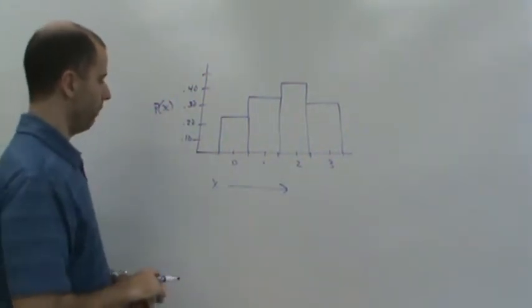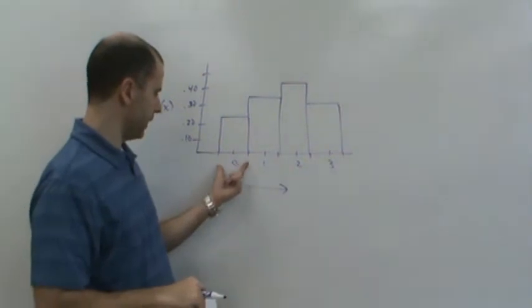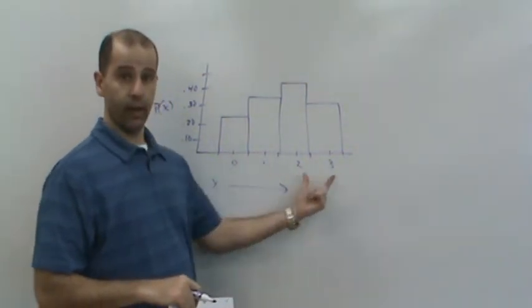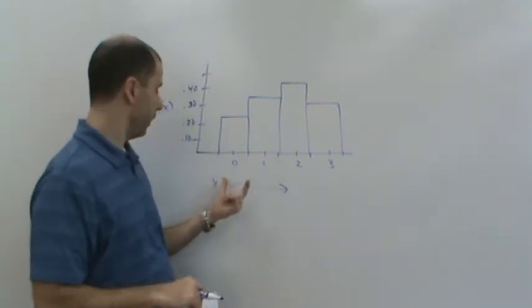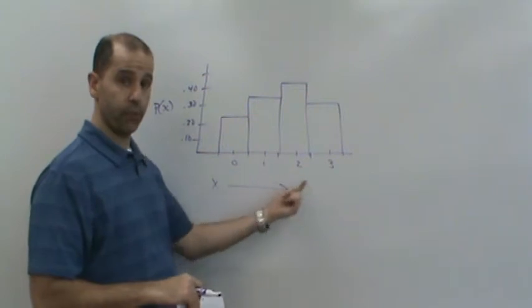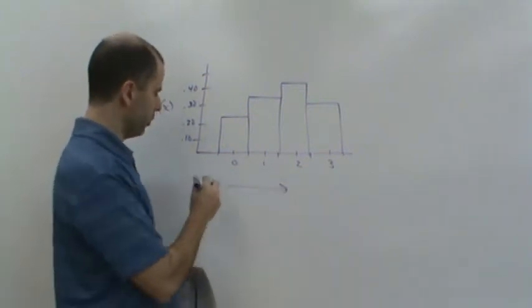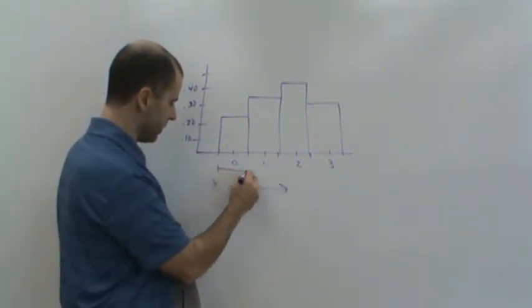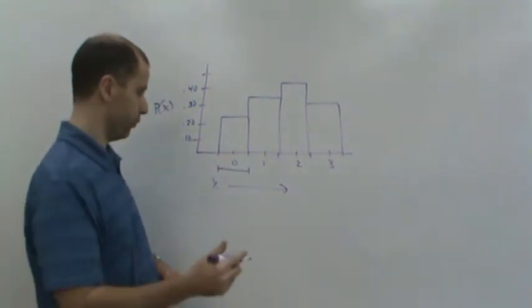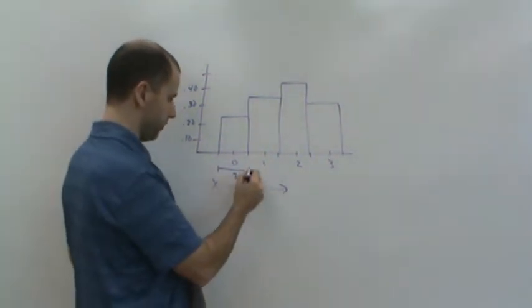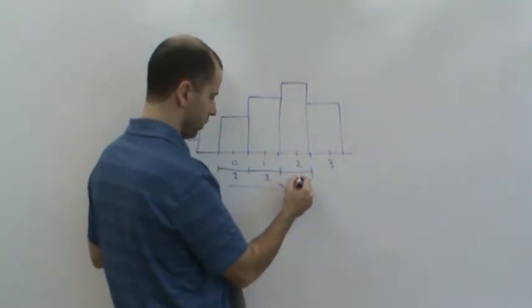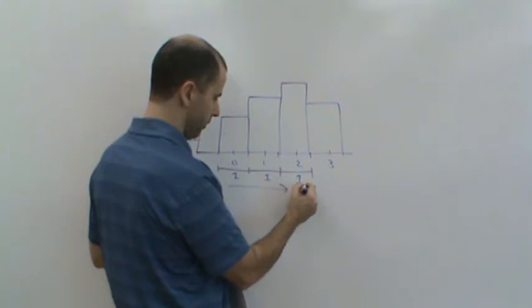If we look at each one of these as one unit difference, so this is 0, this is 1, there's a difference of 1 unit for each one. We could look at the width of each bar as 1 unit.